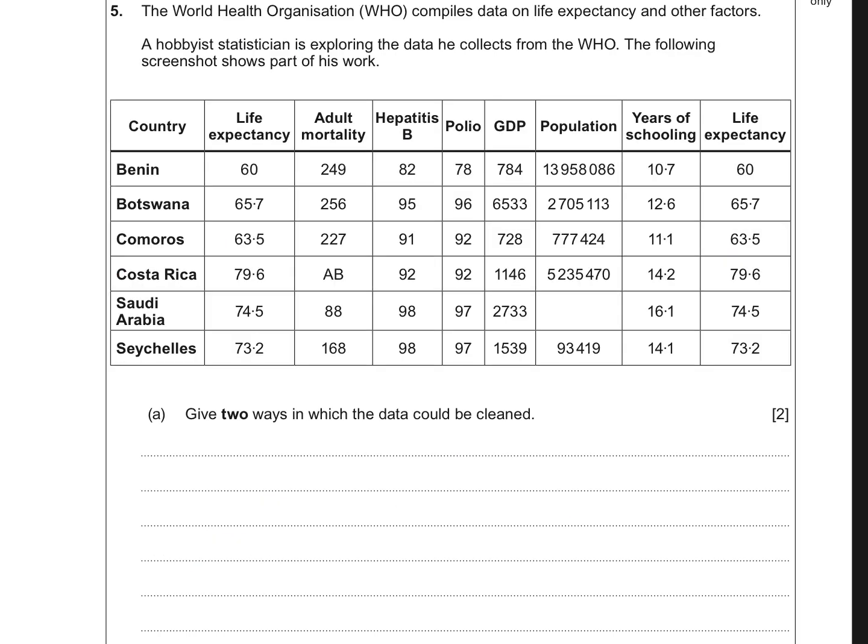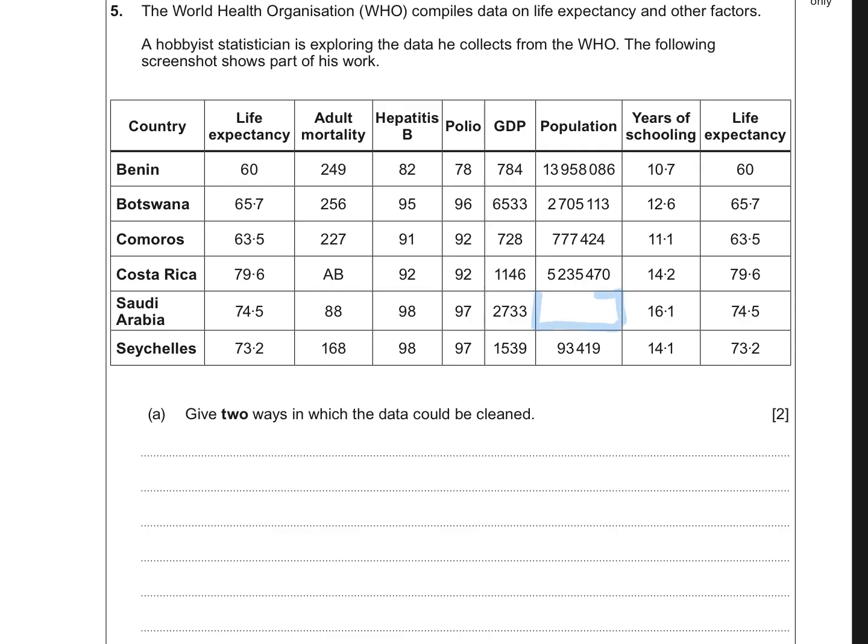Okay, lots of information in this table. WHO, we've the World Health Organization, and we've got life expectancy, and a bunch of other bits of data there. Give 2 ways in which this data could be cleaned. Okay, so there's a couple of things that hopefully jump out quite quickly at you.